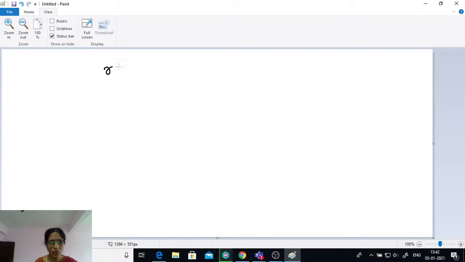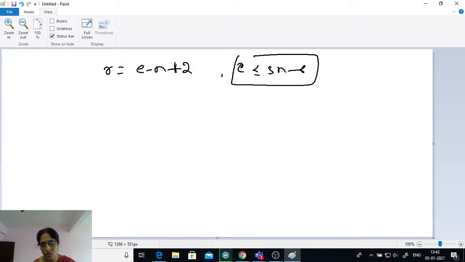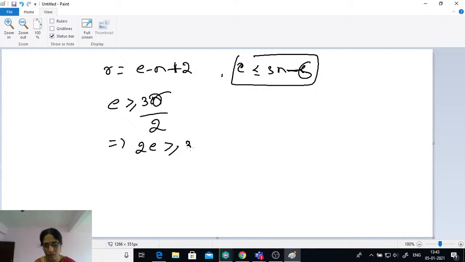So we know that Euler's formula is n minus e plus r equals 2. This is the Euler's formula. So E less than or equal to 3n minus 6. So whether you can find out whether the given graph is planar or not. How we can get? So for that, here some formula is number of regions divided by 2. Here 2e greater than or equal to 3r.